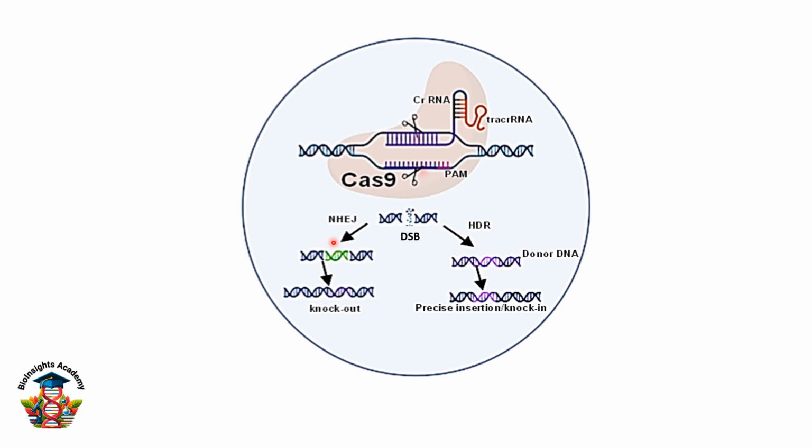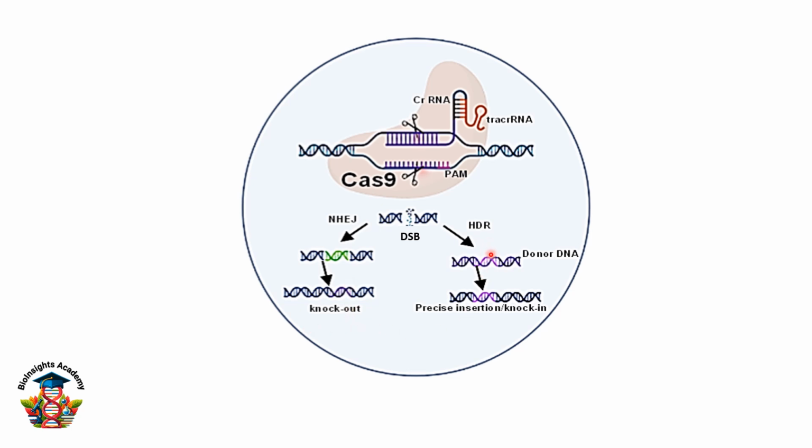This is an error-prone repair process where the broken DNA ends are directly ligated without the need for a homologous template. NHEJ often results in insertions or deletions, or indels, at the break site, which can disrupt the gene and lead to loss of function, or knockout.